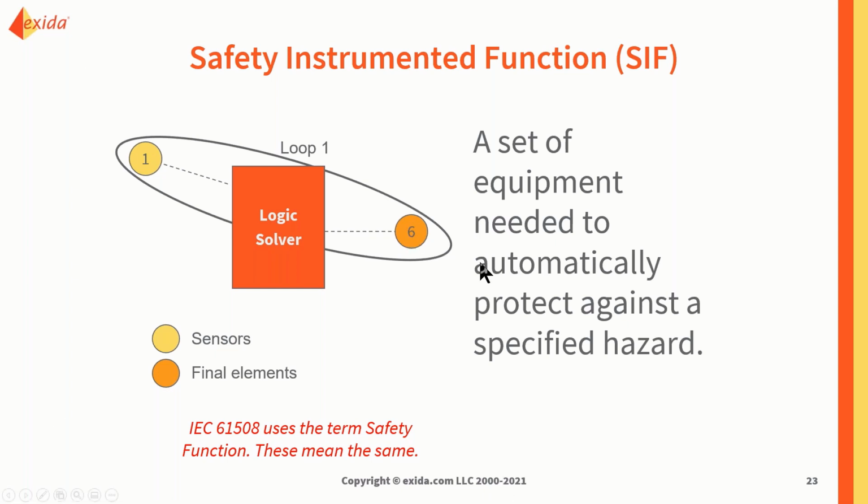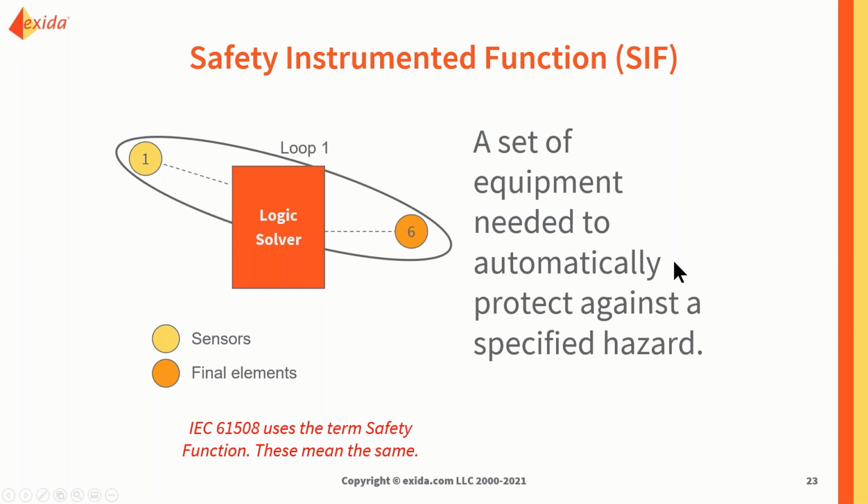This architecture of sensor, logic solver, and final elements needs to be set up to protect against a specific hazard. One SIF for one specific hazard, for one specific consequence.